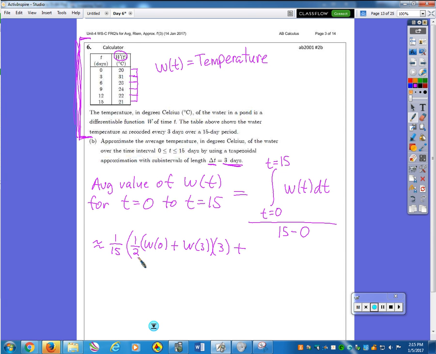What we're doing here is actually the average of the first and last. So it feels like a middle, but it's not the same. For a midpoint Riemann sum, you're just finding the middle value within the subinterval. And if you're doing a trapezoidal, you're finding the average of the first and the last.